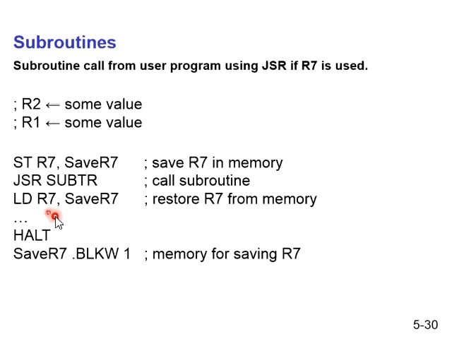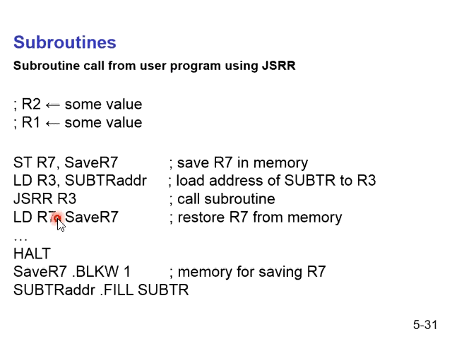For example, over here we use the base R3, and over here we use another location to store the address of the subroutine. Now you get the address of the subroutine and store it to R3. Now R3 points to our subroutine.